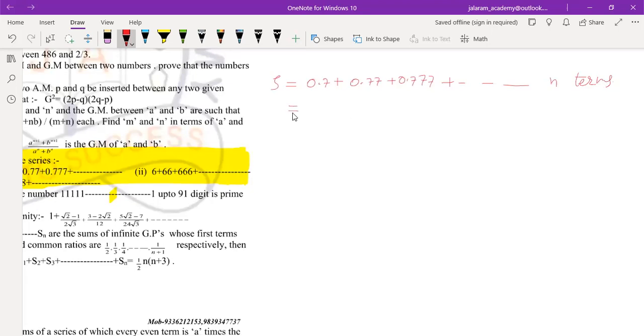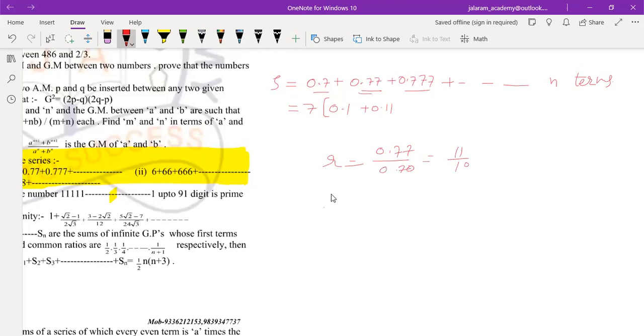So remember, in all these types of questions, first we take 7 common from all the terms of this series. It's not a GP. If you find the ratio between the second term and the first term, 0.77 upon 0.7, it will be 11/10.